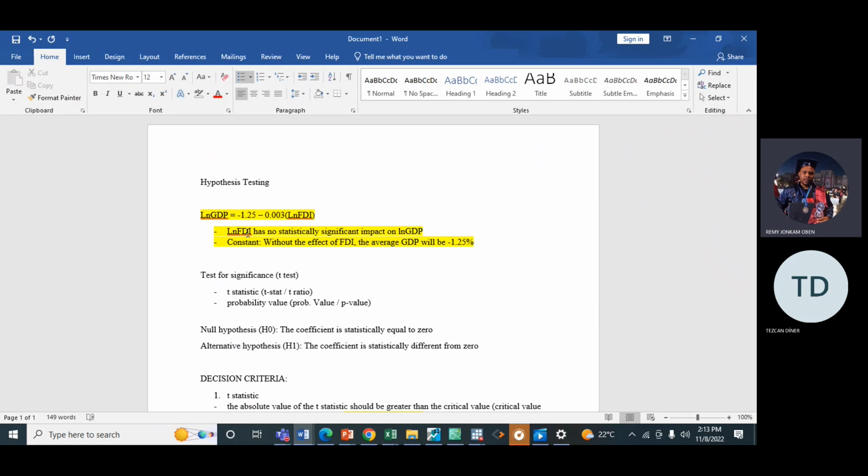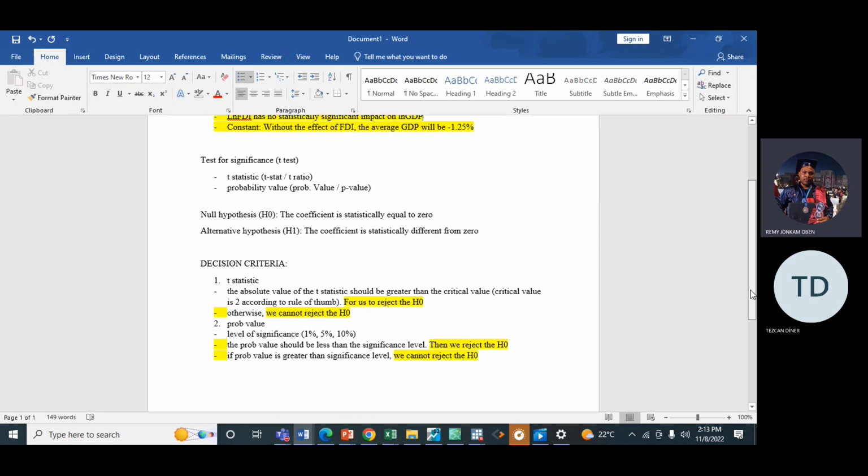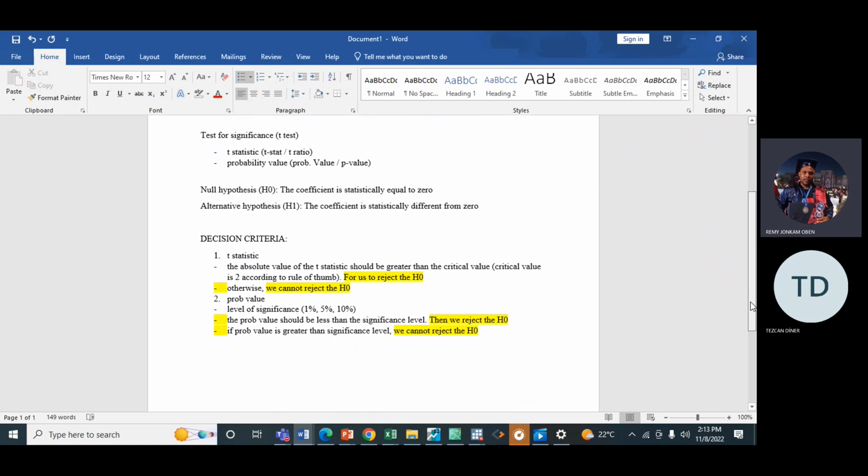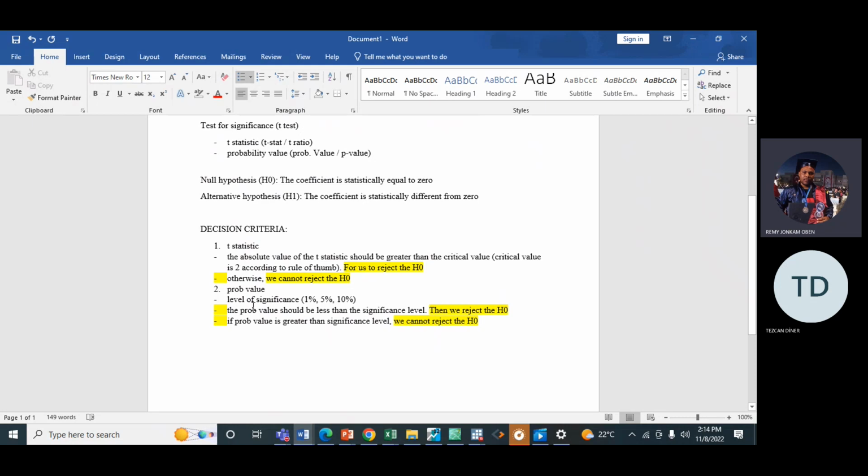If the coefficient is insignificant, you cannot interpret it. You just say that this coefficient has no statistically significant impact on the dependent variable. We only interpret significant coefficients, right? So you have seen how we have made that decision using T statistic. Now we can also make this decision using probability value, and we will still have the same results.